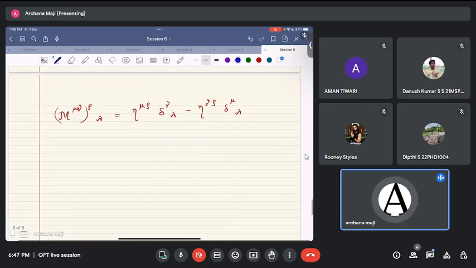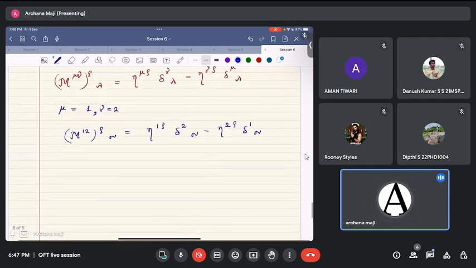When mu is 1 and nu equal to 2, you have M12 rho sigma, so that is eta 1 rho delta 2 sigma minus eta, so nu is 2, delta 1 sigma. Let's write down the matrix.